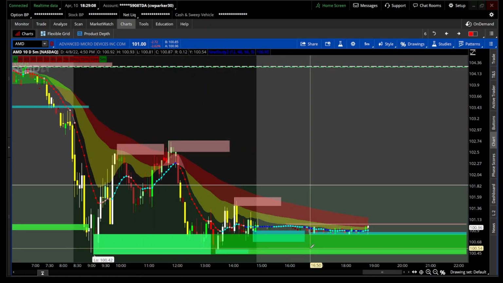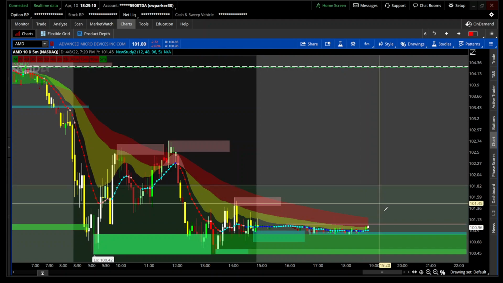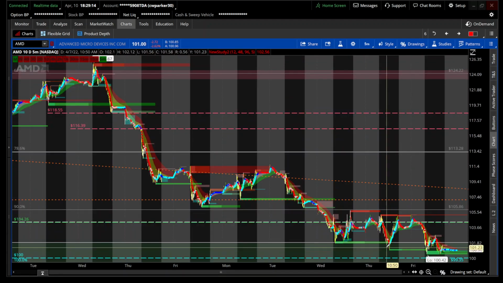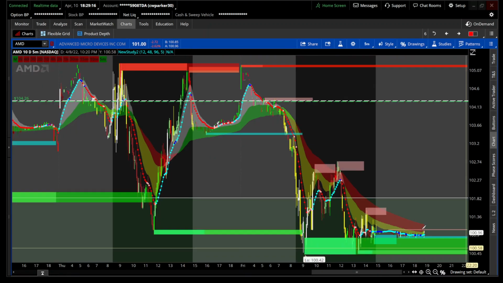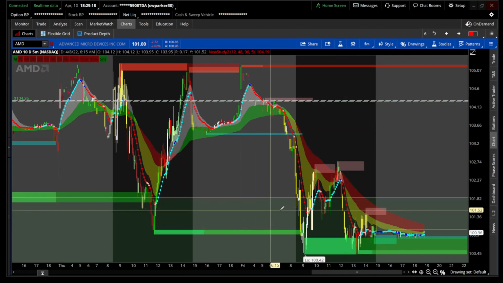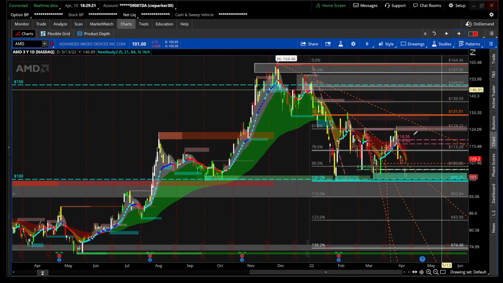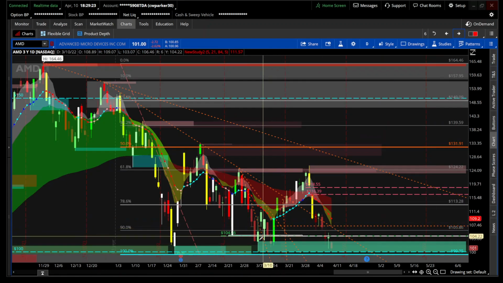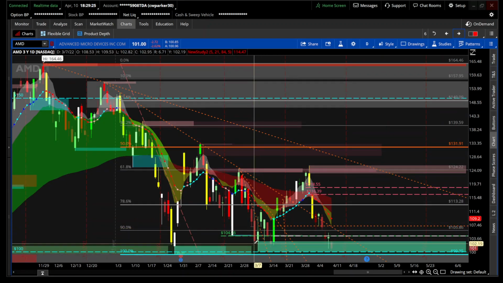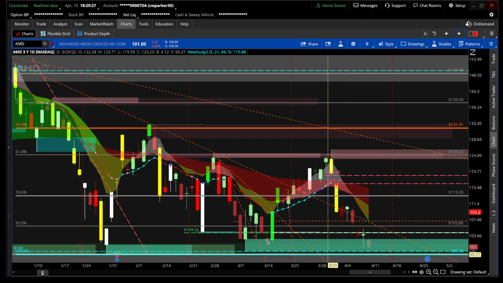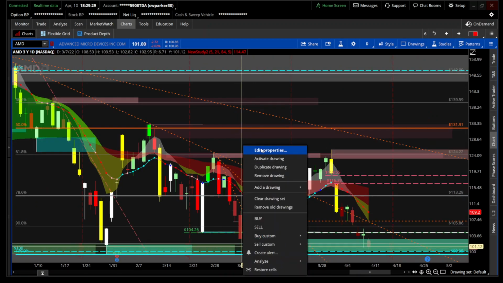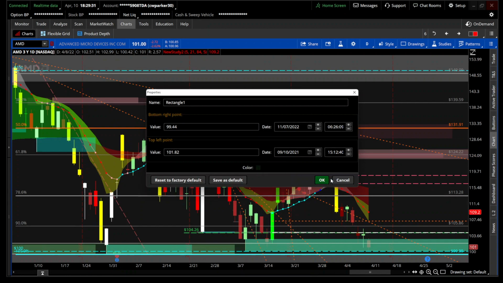So hopefully Monday, this will be going back up, and actually this green area that I created down here, well, you can't really see it now. But anyway, on a daily, this is an area of demand, and that's what this thing is actually just dropping in. And you can see with that white line right there, it's a box, and it's just too dark for you to really be able to see.